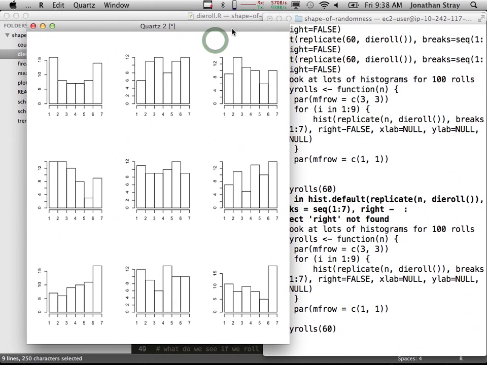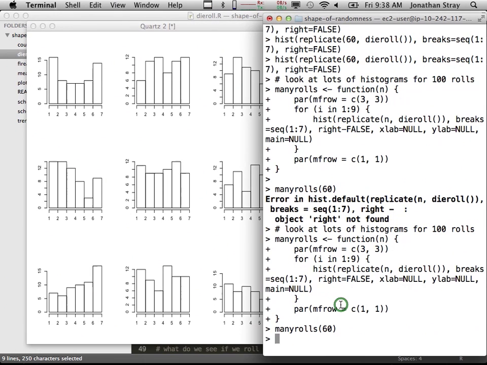All right, so here's 9 rolls. How many of them would you say have an unusually high weight on one number? Maybe that one and that one? Yeah. So 2 out of 9?